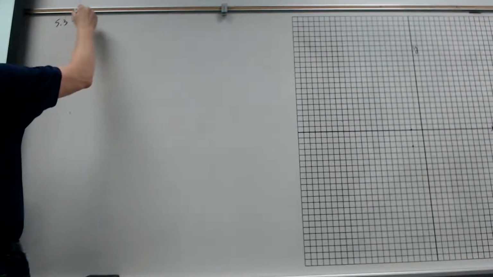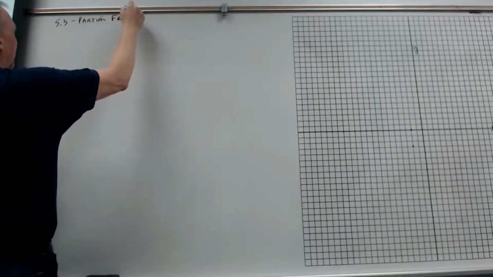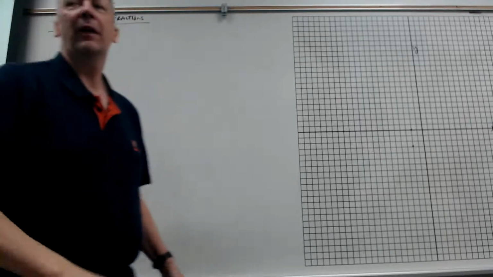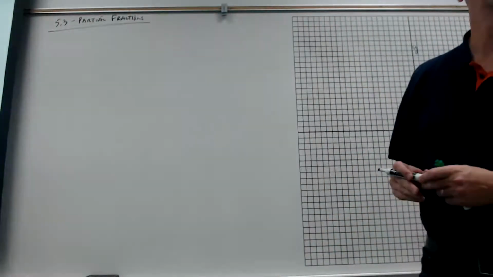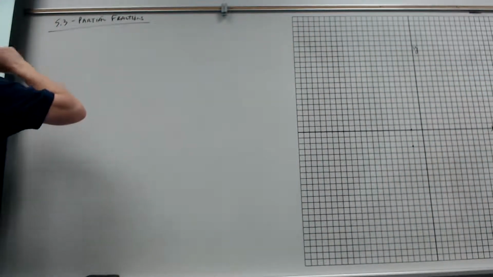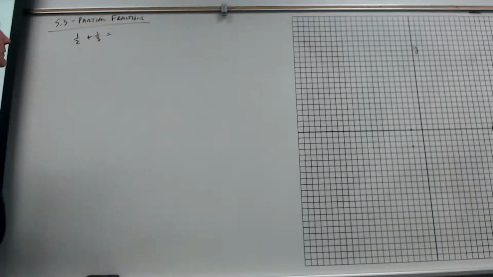This is 5.3, partial fractions. Okay, now, before I do anything hard, here's what I'd like to do. If you did 1/2 plus 1/3, you could figure out what that equals, right, Landon?